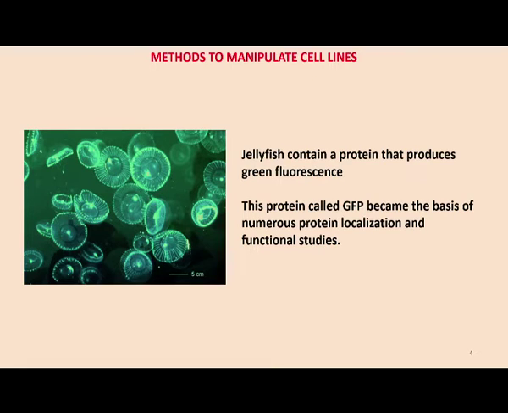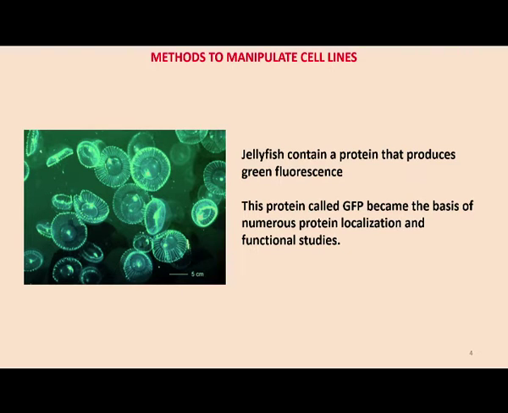Here in this picture on the left hand side, you can see a jellyfish, and you will notice that the jellyfish appear greenish, and this jellyfish actually glows in the dark. They are present in the sea, in environments where very little light penetrates, and yet they have this ability to glow in the dark.